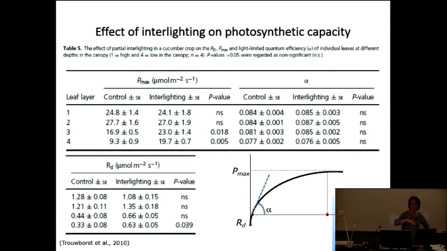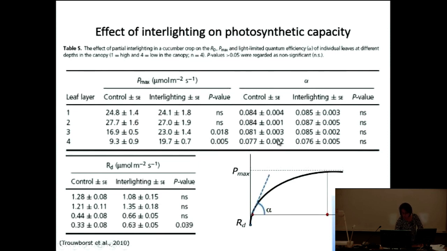Shade leaves tend to have a lower light compensation point and lower P max, the maximum or saturation point. So basically, shade environment adaptation is happening. The P max declines, but interlighting improved that P max. There's a significant difference between those two treatments, so the P value is small enough.